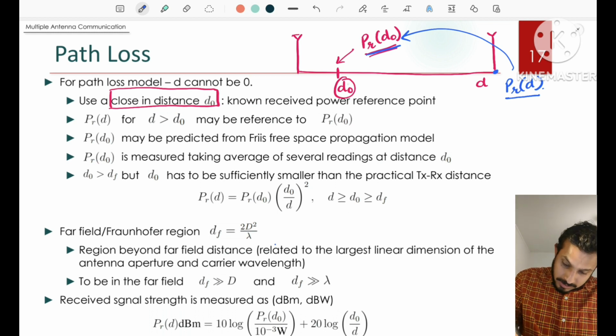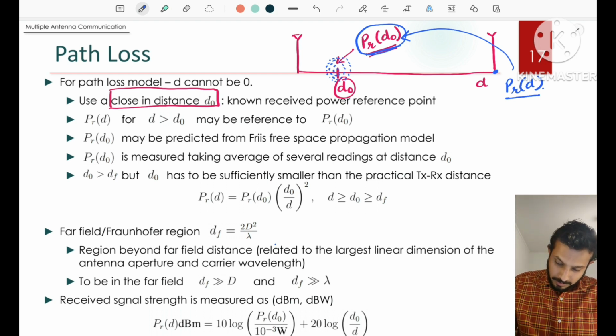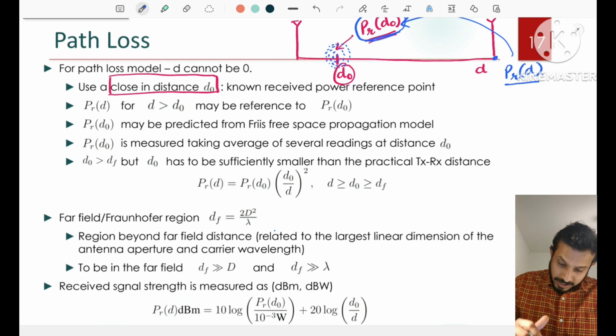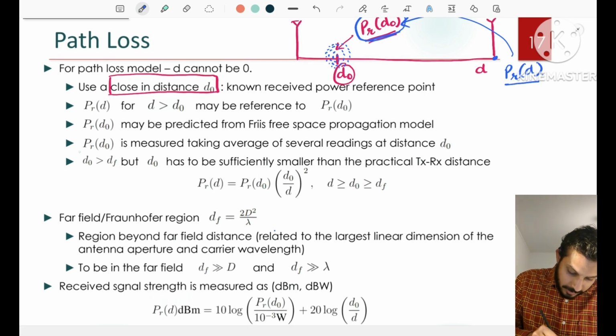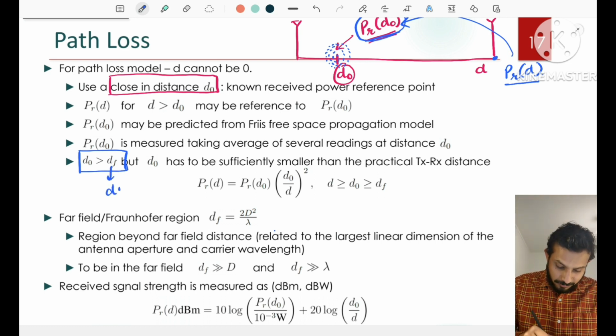The received power at distance d naught is calculated by taking several readings around this distance d naught and then taking the average across all these readings. And there is a condition on d naught: d naught has to be greater than the far field region df, which is the Fraunhofer region.